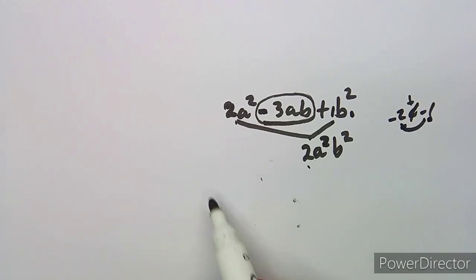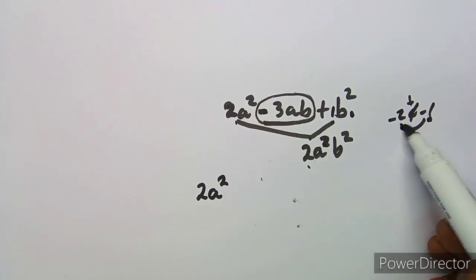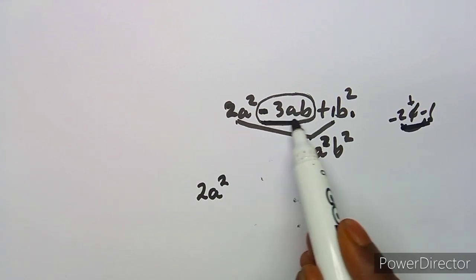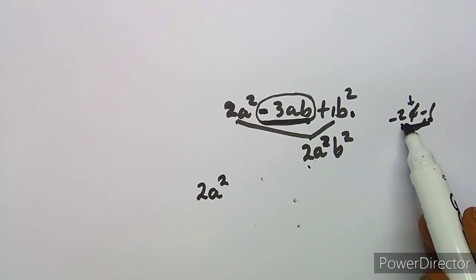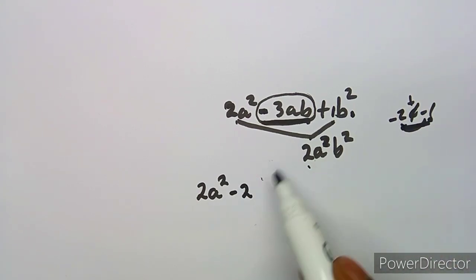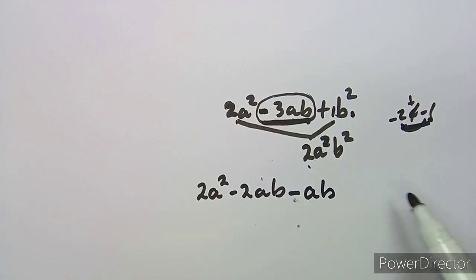All right, so this is going to be 2a squared. We replace this now into the middle term. Remember that long process of factorization, guys. So this is going to be minus 2ab. This is minus 1ab, but we know that minus 1ab, you can just write it as minus ab.